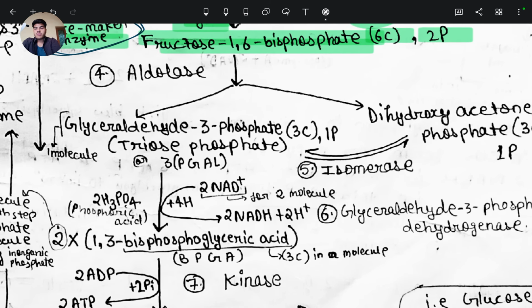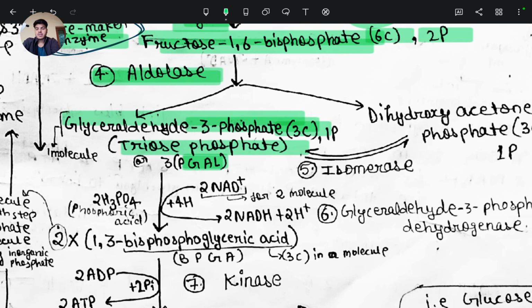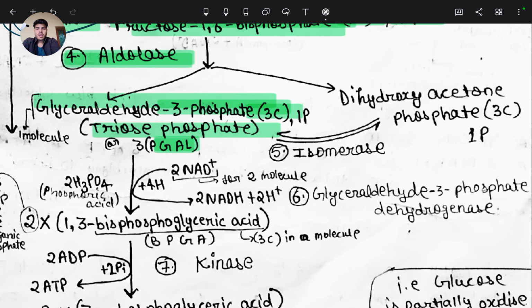Now this molecule breaks in presence of aldolase enzyme, which is the fourth step of glycolysis, and forms two molecules of 3 carbon each: glyceraldehyde 3 phosphate, which has 3 carbon and 1 phosphate, also known as triose phosphate or PGAL, and the other molecule dihydroxyacetone phosphate, which has 3 carbon and 1 phosphate.